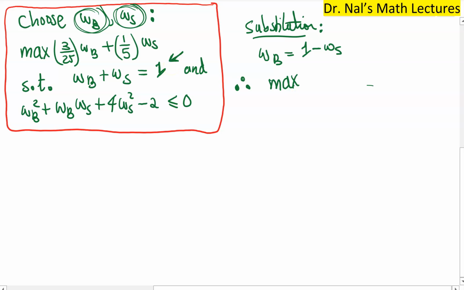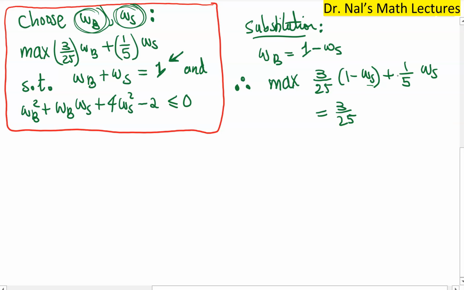Ultimately the problem will reduce to the following: 3 over 25, where WB is now replaced with 1 minus WS, plus 1 over 5 WS. I can do one more step here. 3 over 25 times 1 is 3 over 25, minus 3 over 25 WS plus 1 over 5 WS. 1 over 5 WS is just 5 over 25 WS.